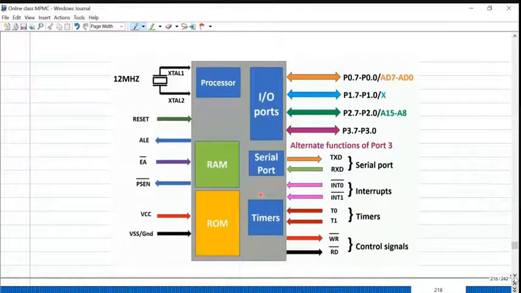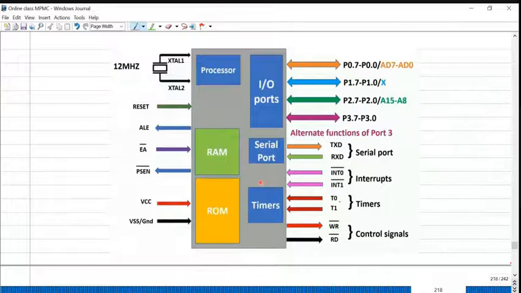There are two important pins, T0 and T1, for timer input. I told you this timer acts as a timer to generate time delay, and also for counting the clock pulses from the external world, particularly the number of events that occur. So T0, T1.